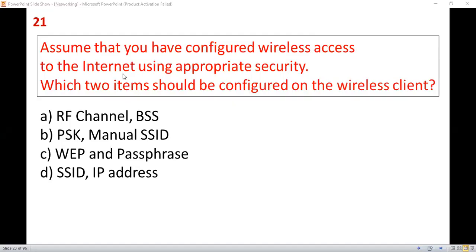And now the next question. Assume that you have configured wireless access to the internet using appropriate security, and which two items should be configured on the wireless client?